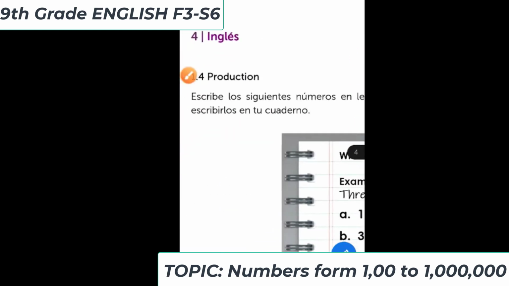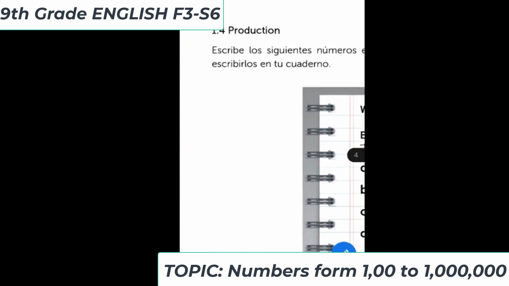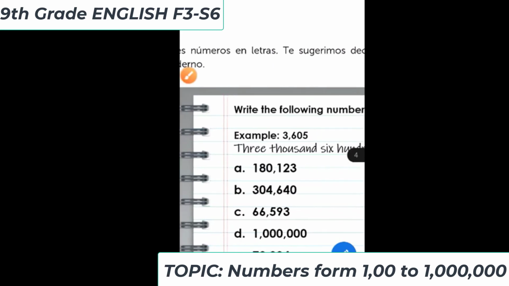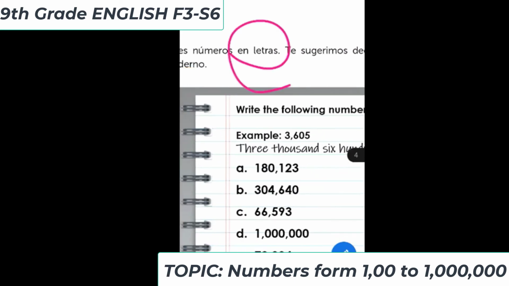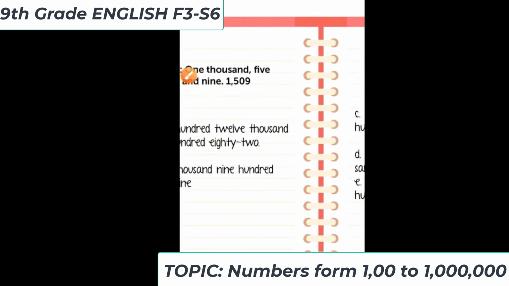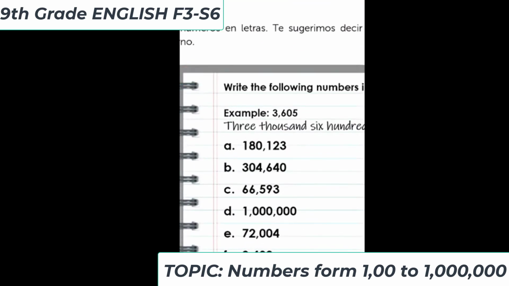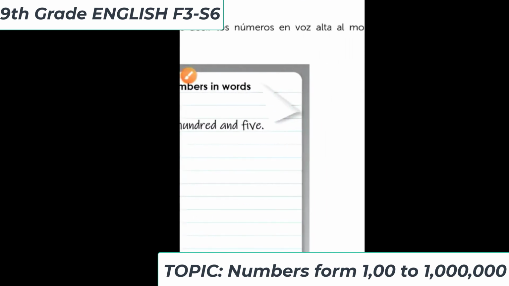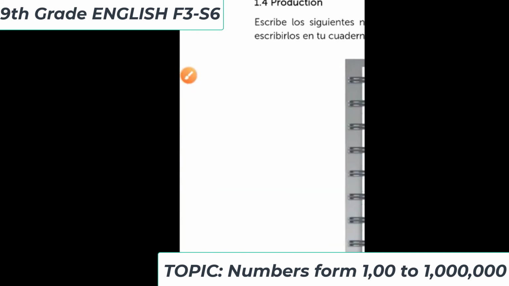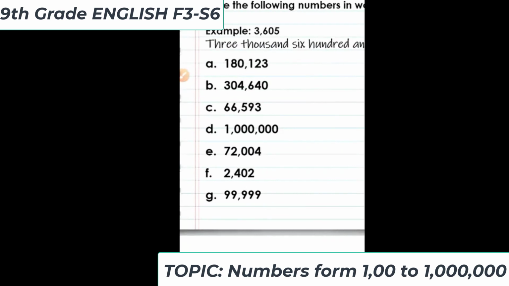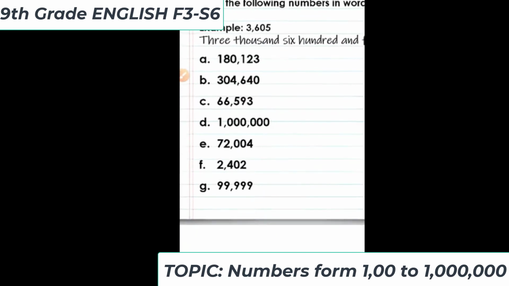Okay? Now, production. Escribe los siguientes números en letras. Attention here. En letras. Here it was in digits, but here it is in letras. Okay? Te sugerimos decir los números en voz alta al momento de escribirlos en tu cuaderno. Okay?